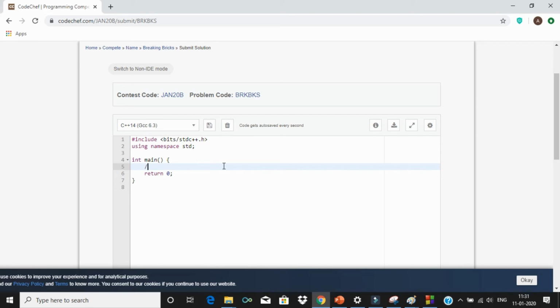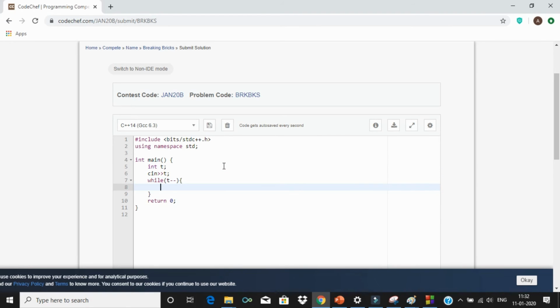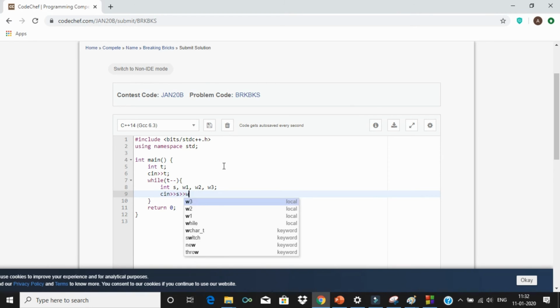So what has the question given us? Some test cases T. For all these test cases, we are given some integers: S is the strength of Ada, and W1, W2, W3 are the widths of the bricks from top to bottom. Now we will take input of all these.